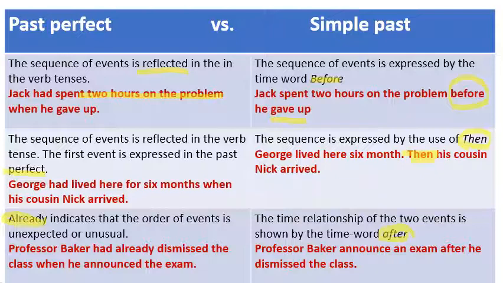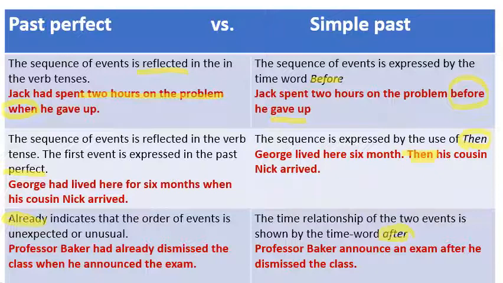We have two events, spending 2 hours on the problem and giving up. My clue word is when. Therefore, I need to indicate which action happened first. Is it giving up or spending 2 hours on the problem? In this case, I need to make spending 2 hours on the problem past perfect to indicate that it happened before giving up.